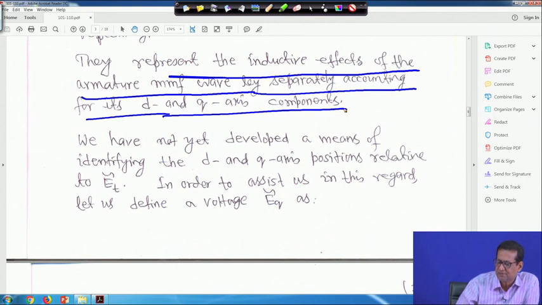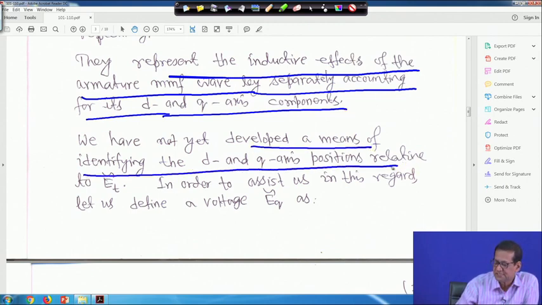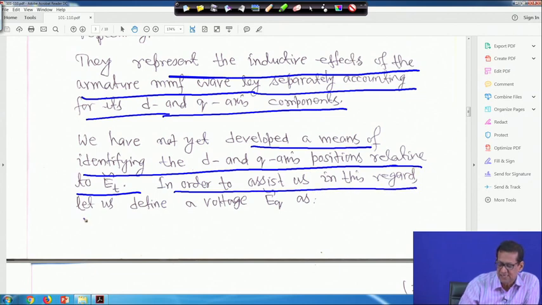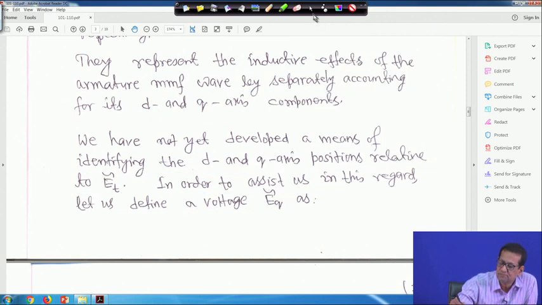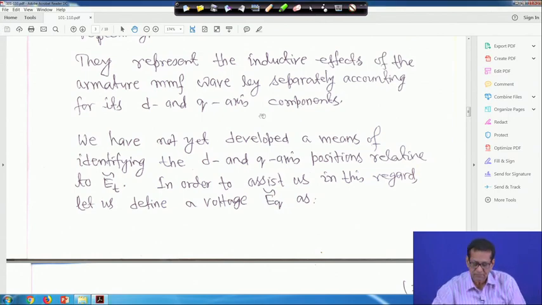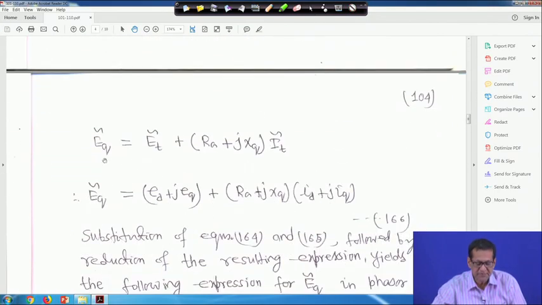Now, we have not yet developed a means of identifying the D and Q axis positions relative to ET tilde, right. In order to assist us in this regard, let us define a voltage EQ tilde. That means we are defining EQ tilde is equal to ET tilde plus RA plus JXQ into IT tilde.